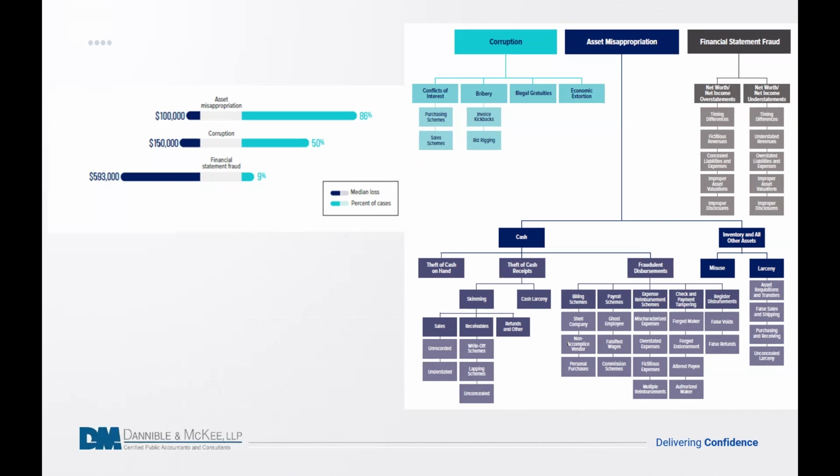As you can see, there's a ton that falls under here, which is why this is one of the more common schemes, because it just covers so much between cash, inventory, other misuse of company invoices or company resources. Again, I'm not going to go through everything here, but you can see everything that this entails. And again, you'll have this in the presentation that's emailed out.